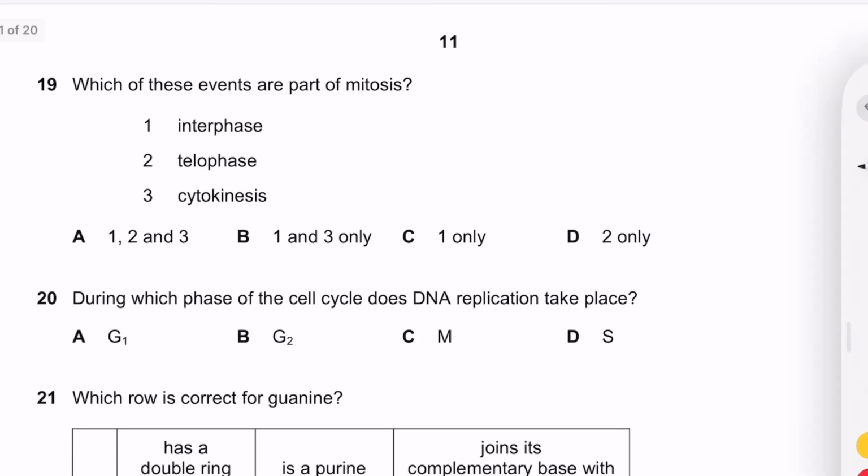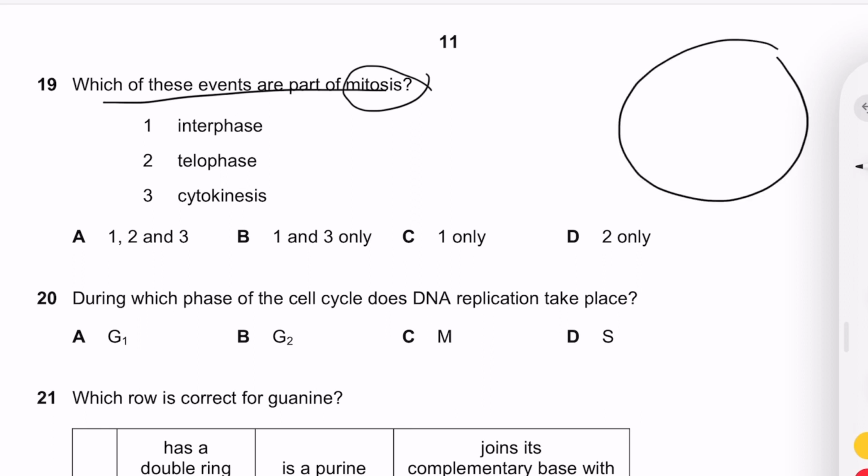Moving on, which of these events are part of mitosis? Now, mitosis is different from the cell cycle because the cell cycle includes everything, starting from G1 to S phase to G2, meaning the interphase, and then the mitotic cell cycle, and then cytokinesis. But mitosis, or the mitotic cell cycle, includes only PMAT: prophase, metaphase, anaphase, telophase.